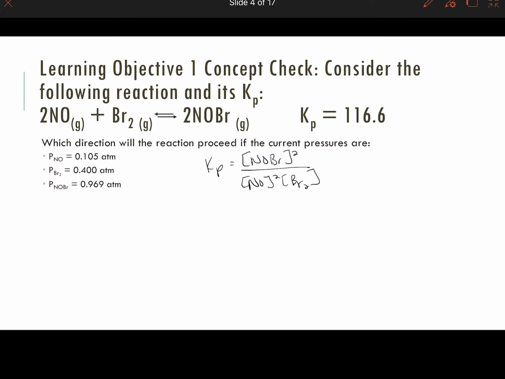Now, with that, we would get a Kp of 116.6 if we were at equilibrium. Let's see what happens with these pressures if we are not. Oh, sorry, these are pressures.